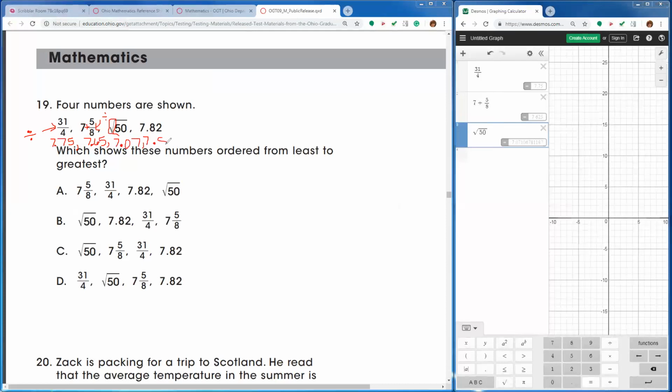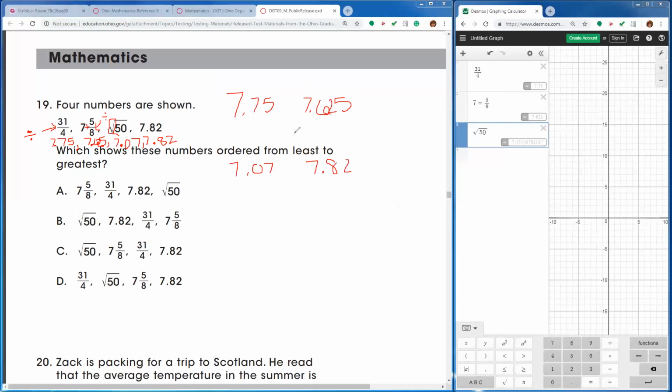And then the last one's already a decimal. So when you're comparing these and putting them in order, I'm going to write them again just so they can be a little bit bigger and not so smashed. You forgot the 2, 7.625. Thank you. Good correction. 7.07, 7.625, and 7.82.